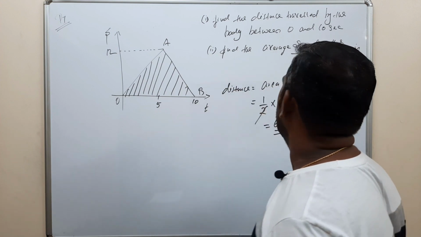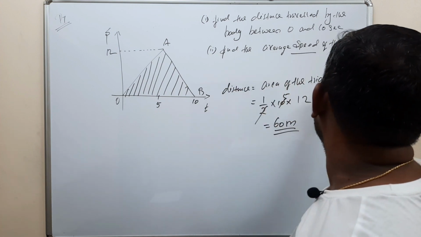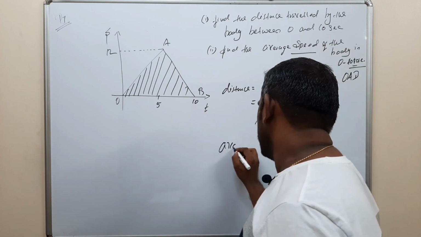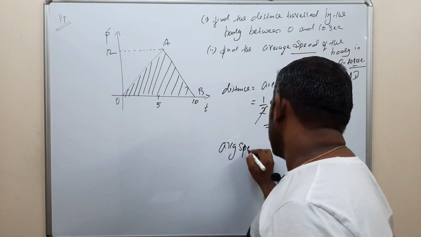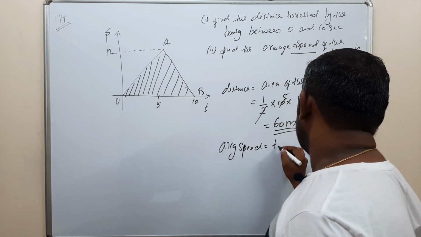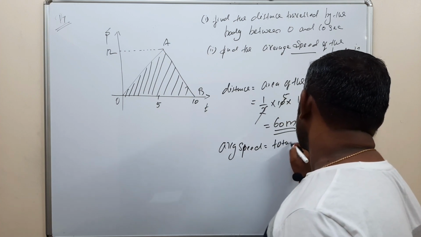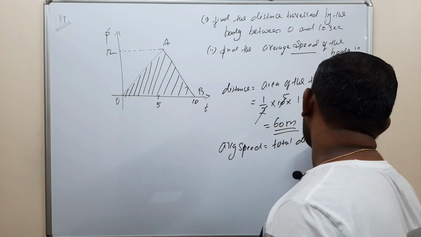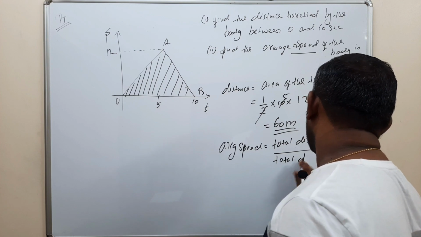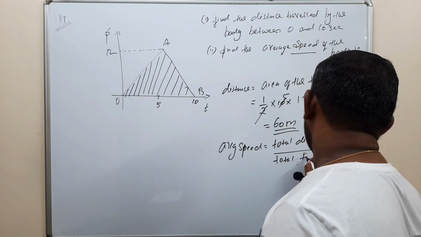The second one, find the average speed of the body in the same time interval, 0 to 10 seconds. So average speed is equal to the distance covered by the body, that is total distance, divided by total time.